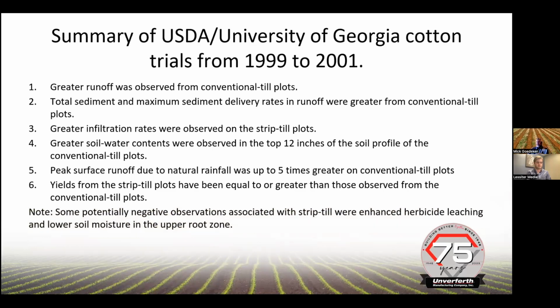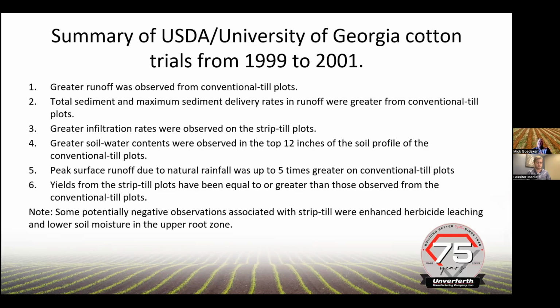One note that they did have that was a detriment for strip-till is some potentially negative observations associated with strip-till were enhanced herbicide leaching. Because this was a herbicide study and they were looking at leaching and runoff, they did see leaching occurring with those herbicides.